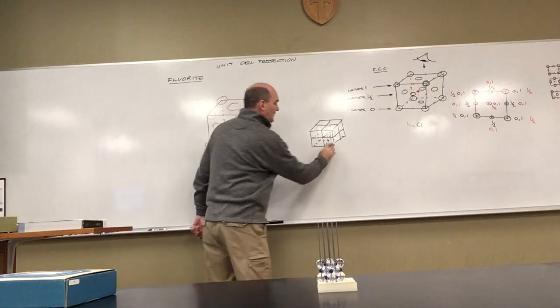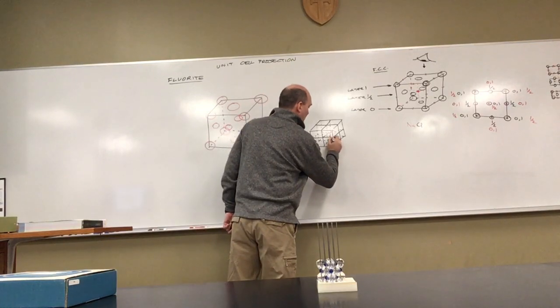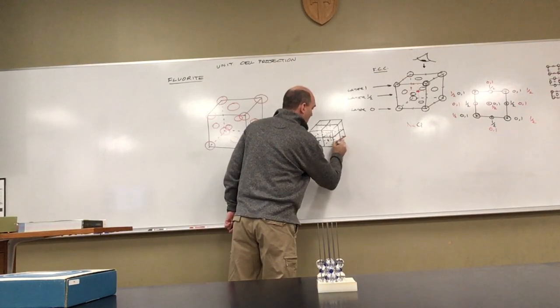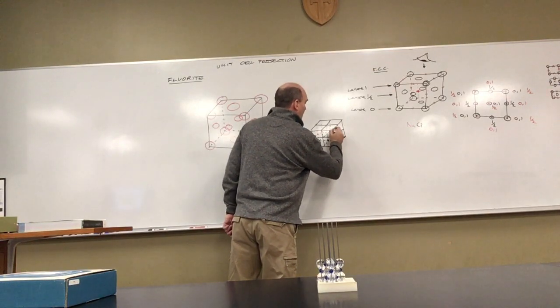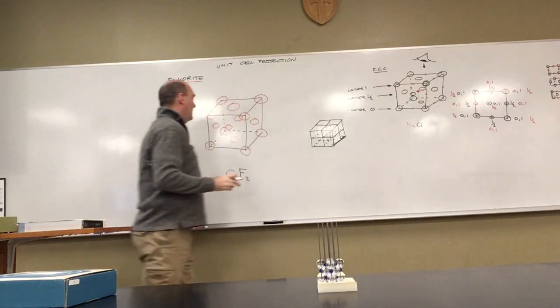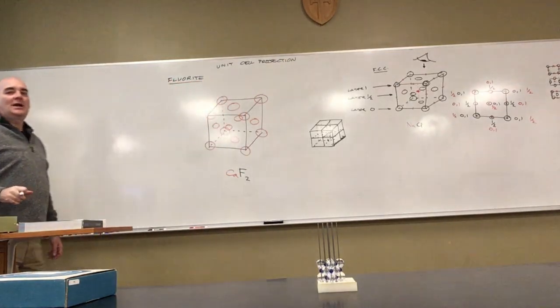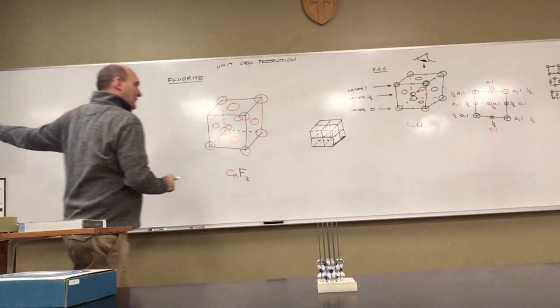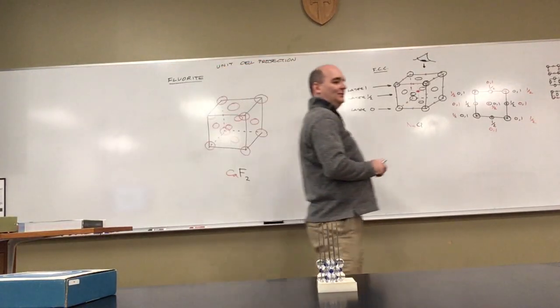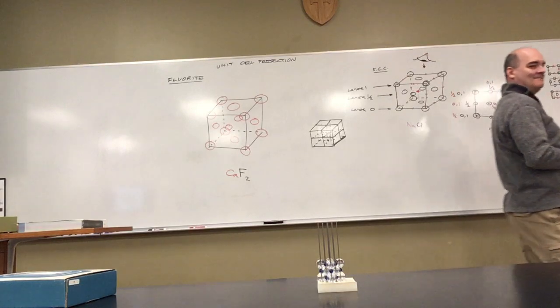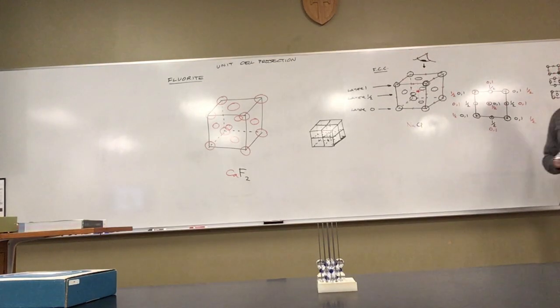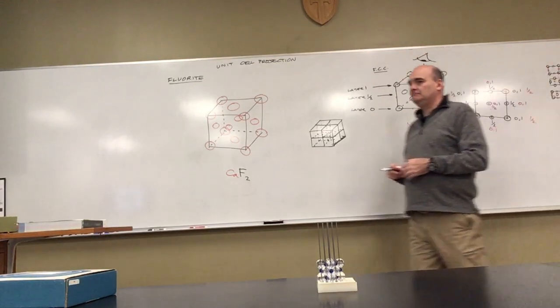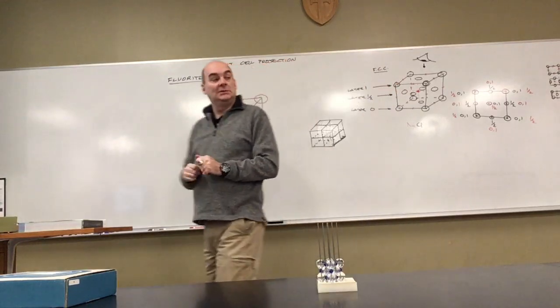How many cubes do I now have? 8. I have 8 cubes. How many fluorides can you see in the computer-generated picture on the screen? 8.